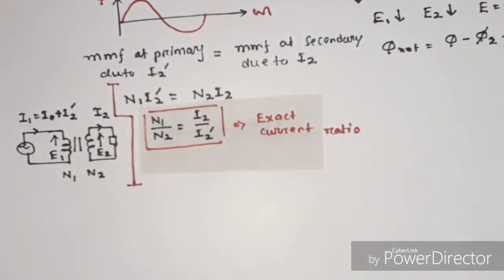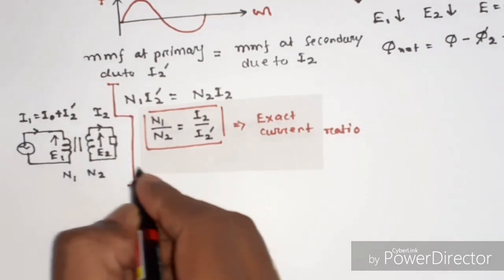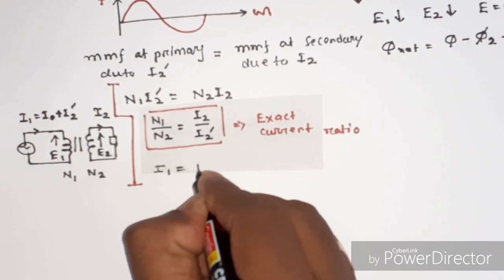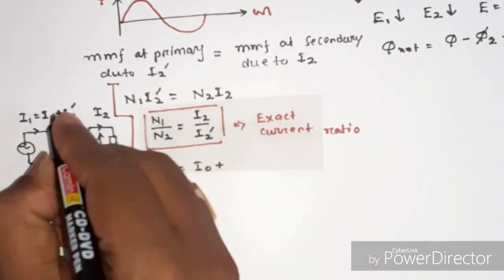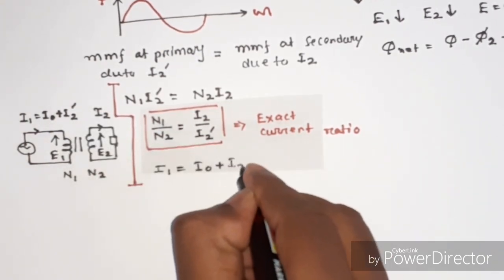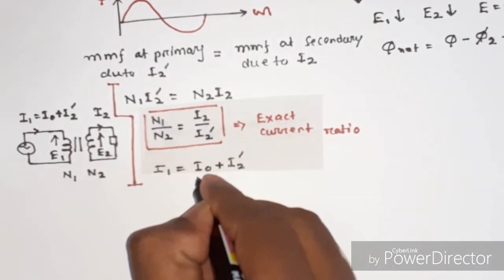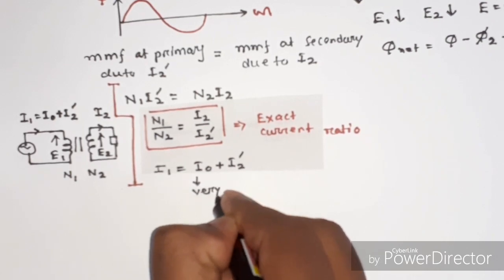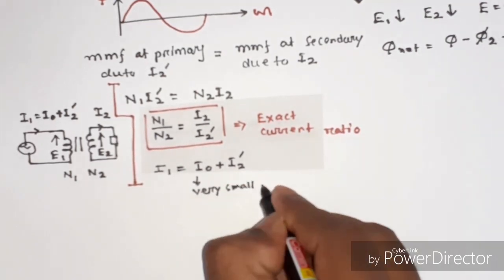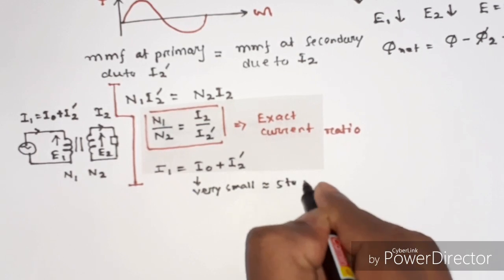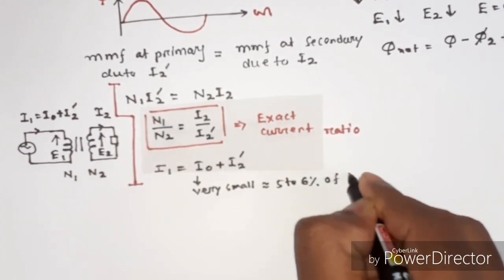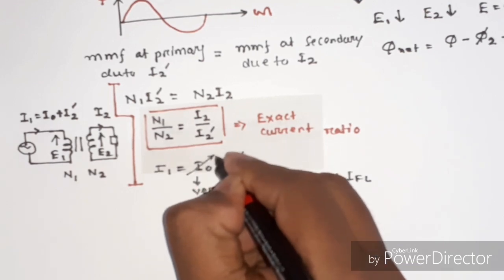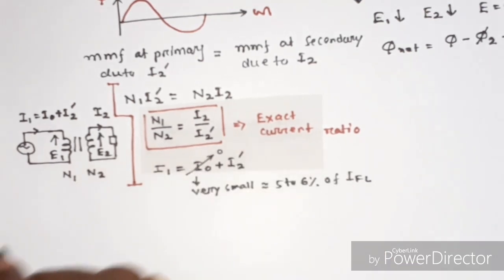Now, the primary current I1 is equal to the no load current I0 plus I2 dash. Here the no load current is very small. It is approximately 5 to 6% of the full load current. Therefore, I can neglect the no load current.